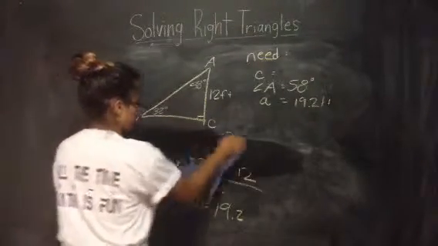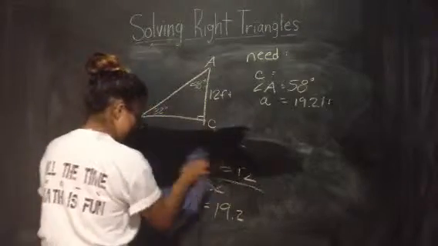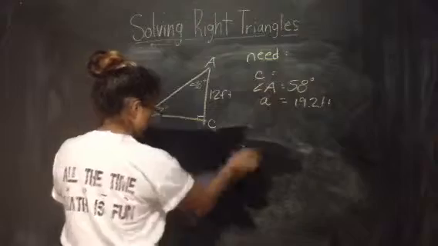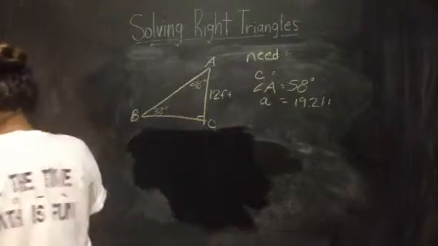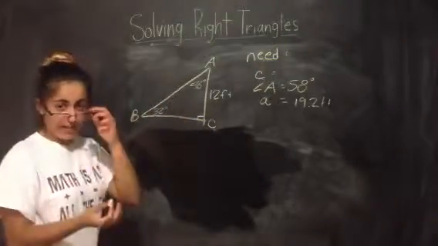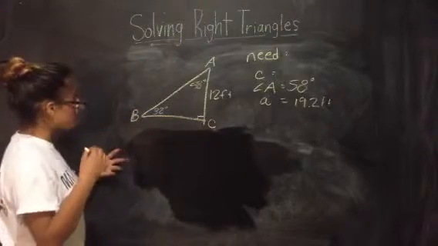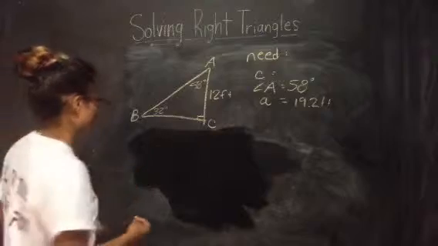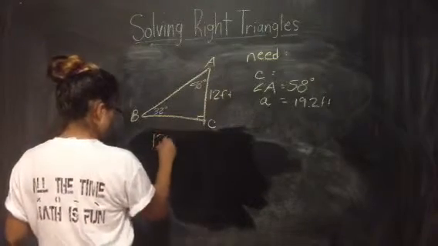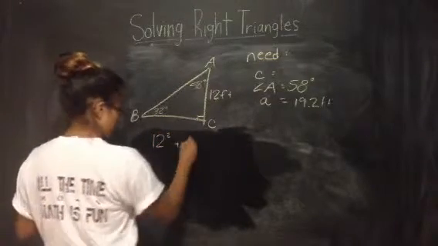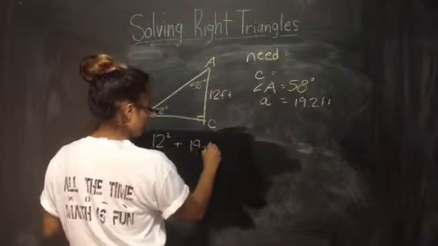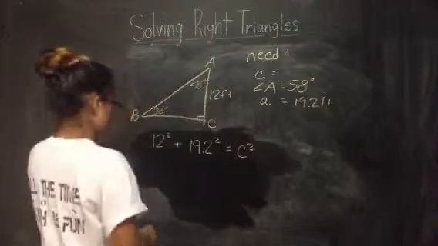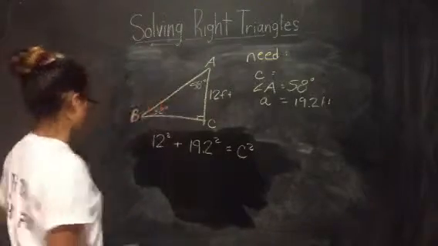So now, there are a couple ways that you can find side C. Again, you can use a ratio and the substitution of the sides in the ratio to solve for the missing variable. Or, since we have two sides, we can use Pythagorean theorem. And so that would look like 12 squared plus 19.2 squared equals c squared, since we are solving for the hypotenuse.